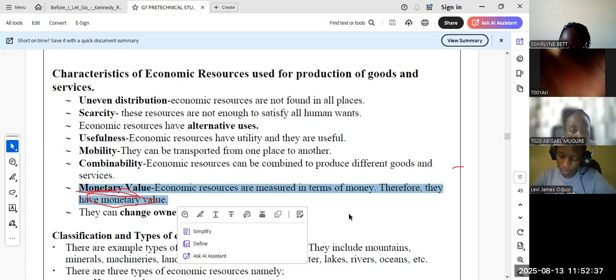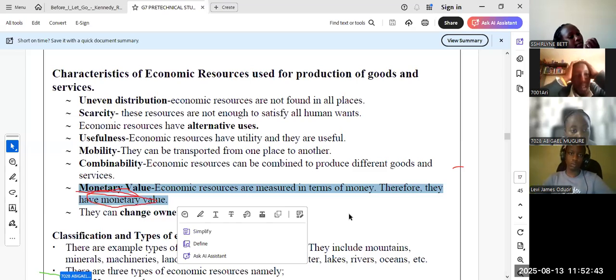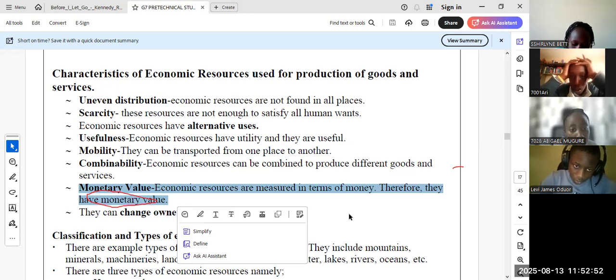For example, I have a piece of land, let's say it is measuring 50 by 100. You have seen people do sales in lands, especially these people who are into real estates, who buy and sell houses and lands. You will hear them tell you, we have a very nice piece of land, 100 by 100 in Isinya near Kajiado, and we are only asking for 1.8 million.